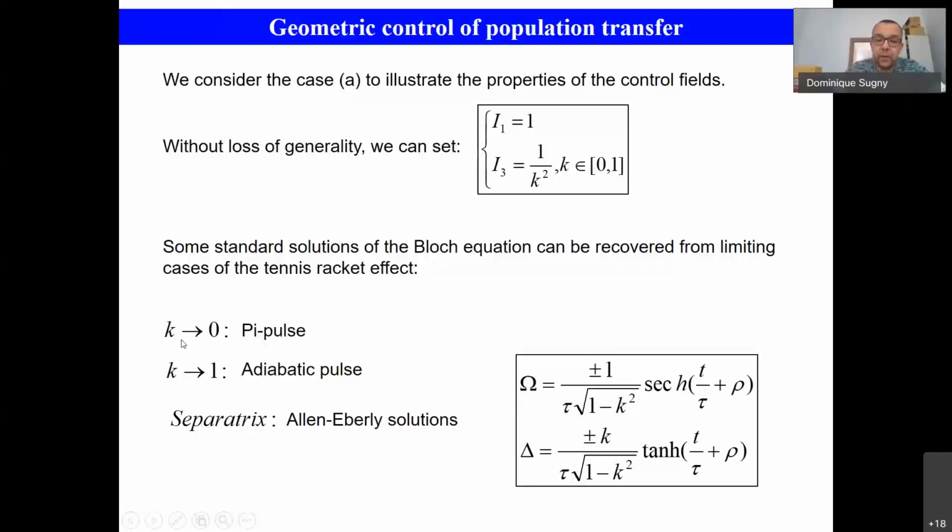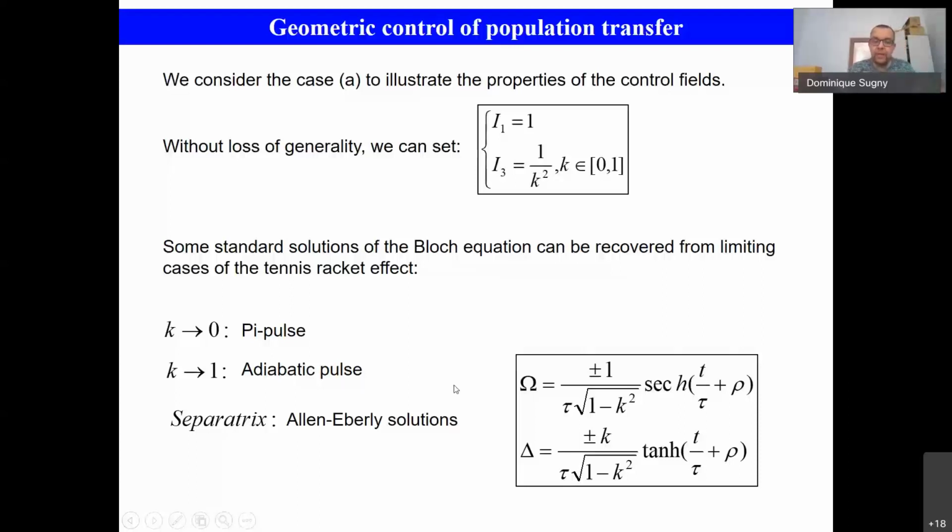In particular, we can show that when k goes to 0, we recover the pi pulse, a resonant excitation of a qubit or of a spin 1/2 particle. And when k goes to 1, we recover a very standard adiabatic pulse, which is known in the literature as the Allen-Eberly solutions. Here I give you the mathematical expression of the corresponding two control fields, in terms of hyperbolic functions.